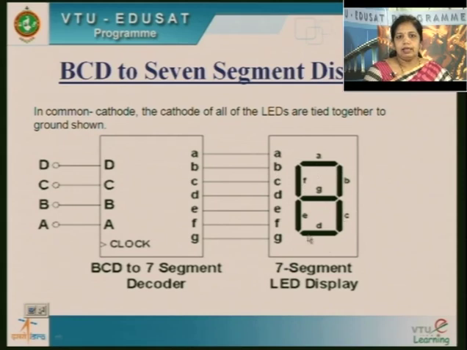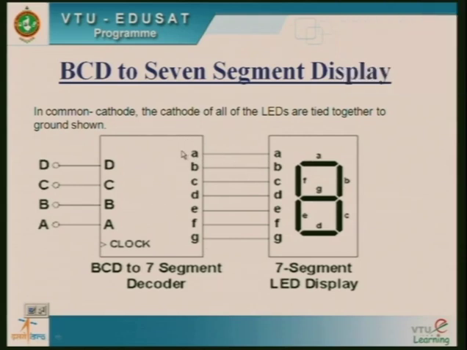For example, LED A is connected to pin A. This line A of the 7-segment is connected to the first output of the decoder, that is A. This is how we make the connection for BCD to 7-segment display.